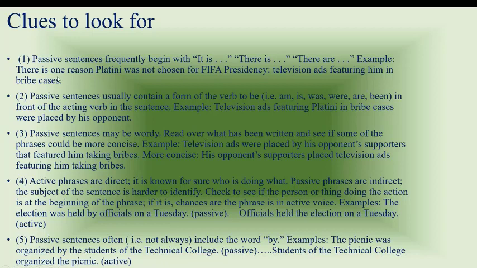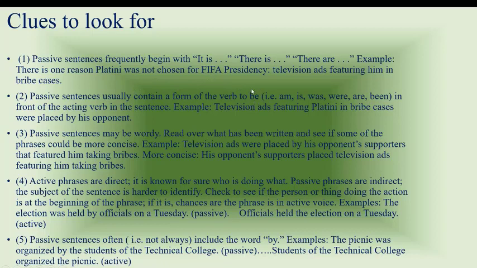For example, there is one reason Platini was not chosen for FIFA presidency: television ads featuring him in bribe cases. Second, passive sentences usually contain a form of the verb to be, because, as was said earlier, the action verb should be in the past participle preceded by verb to be.